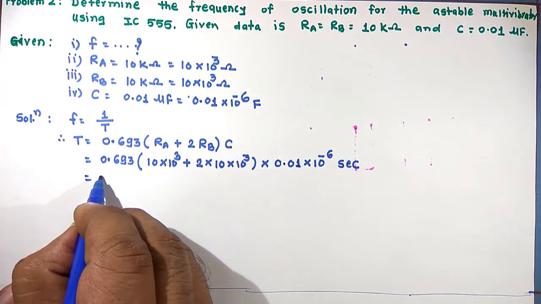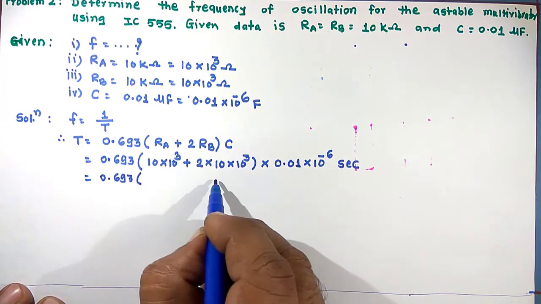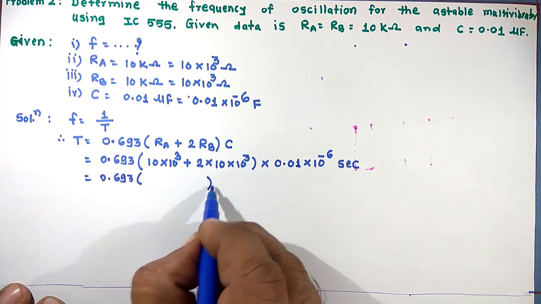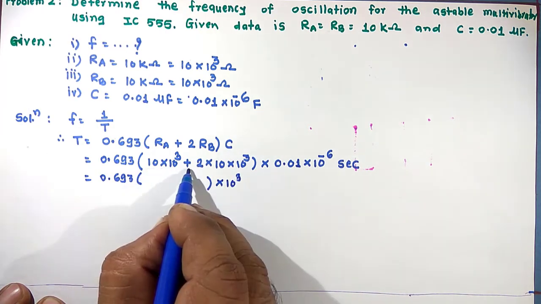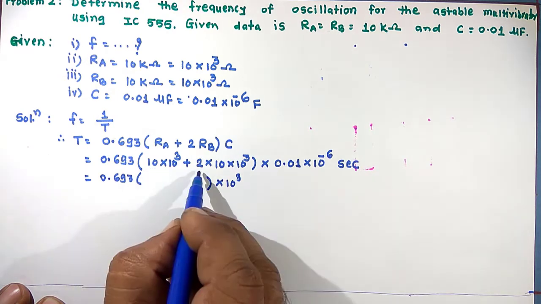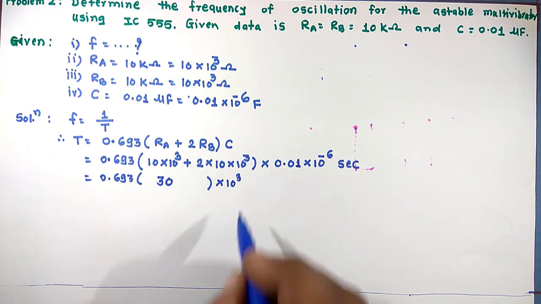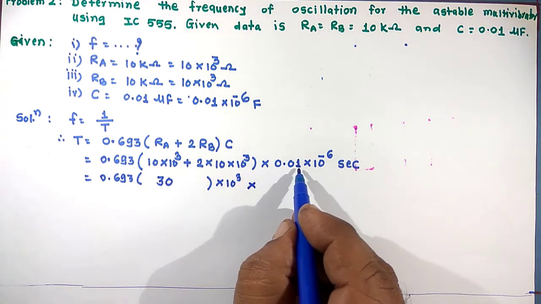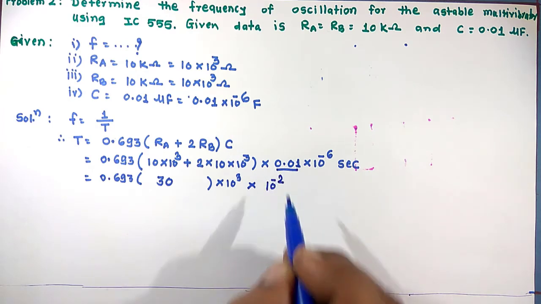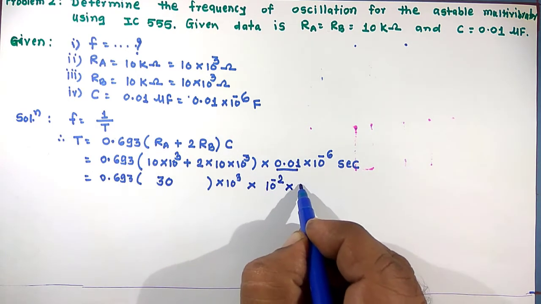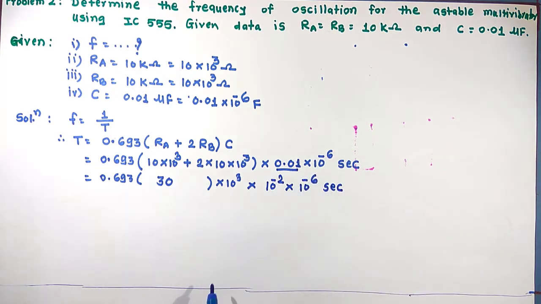So this is equal to 0.693 into, we can take 10 raised to 3 common here. So this is 10 raised to 3 and this is 10 plus 2 into 10, that is 20. 10 plus 20, that is 30, into 0.01 means 10 raised to minus 2, into 10 raised to minus 6, and it is in second.